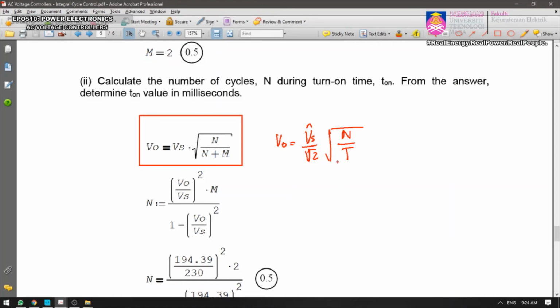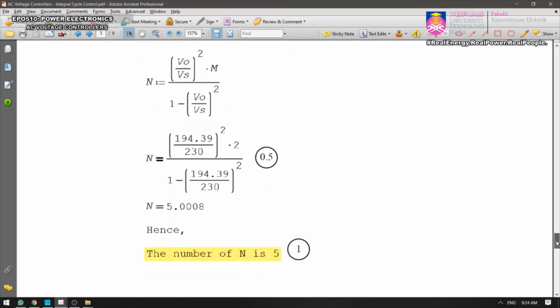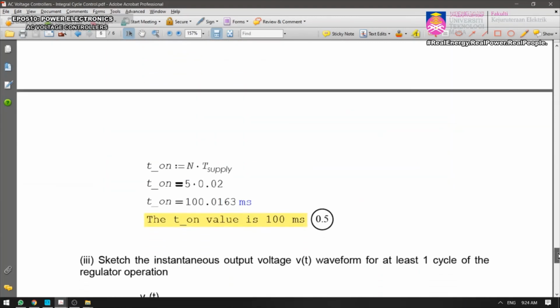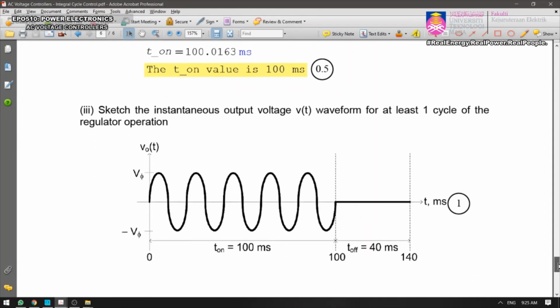So we also know that T equals N plus M. Alright, so you can calculate and solve for N. So N equals 5. The number of N is 5 cycles. And finally, the T on value is 100 milliseconds. So you can get 100 milliseconds turn on, and sketch the instantaneous voltage.